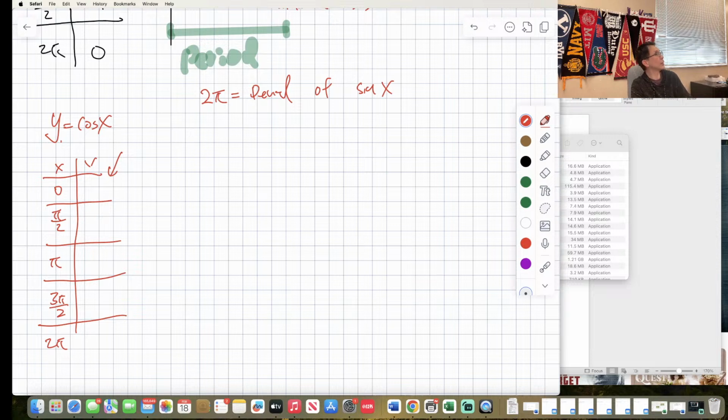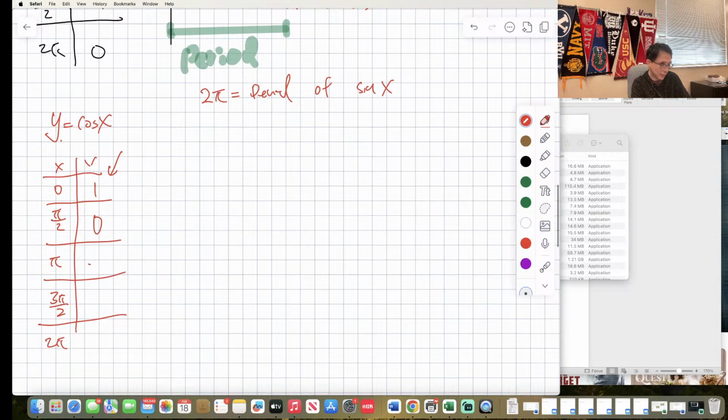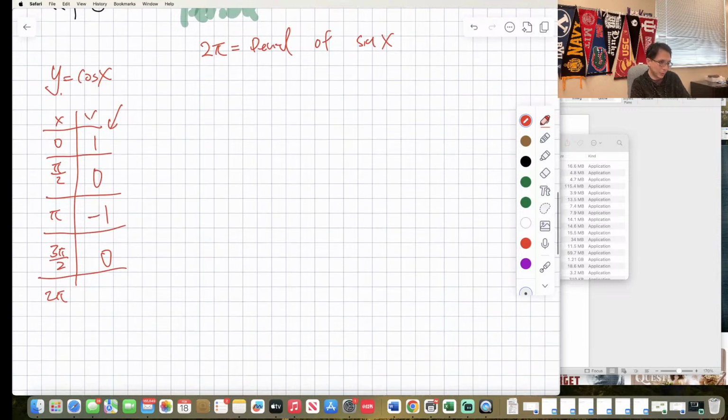Yes, Amelia? 1, good. What's cosine of pi over 2? Sophia? 0. What is cosine of pi? Anybody else? I know Sydney. -1, good. What is cosine of 3 pi over 2? Kusnia? Good. Alex, can you tell me what's cosine of 2 pi?